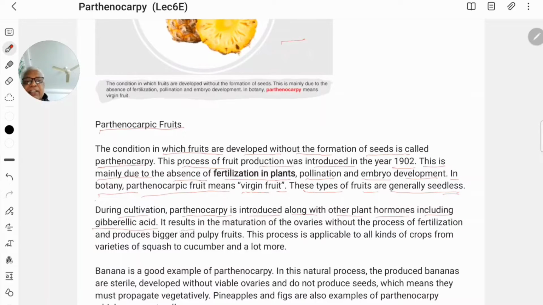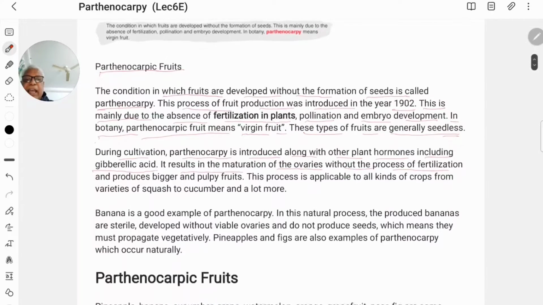It results in the maturation of ovaries without the process of fertilization and produces vigorous and pulpy fruits. And this process is applicable to all kinds of crops, from varieties of squash to cucumber and a lot more. Many crops are used for this process for the development of parthenocarpic fruit.